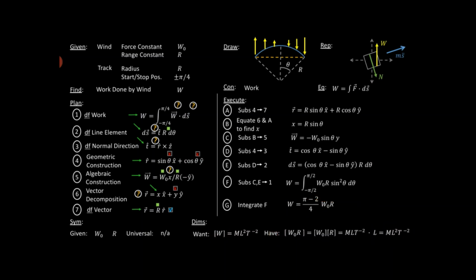It means it's reasonable. We have one other reasonability check, and that's what we'd expect to have happen here. So we expect, for example, that if the wind is going to provide work to the system, then the stronger the wind, the more work is done to it. A stronger wind in this case would have a larger force constant. So if the force constant was larger, then we should have a larger work.